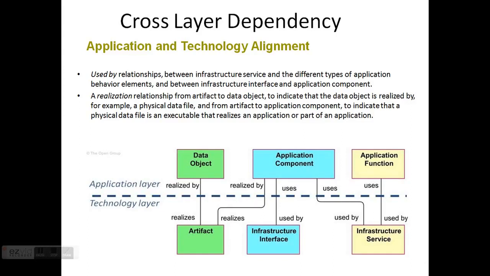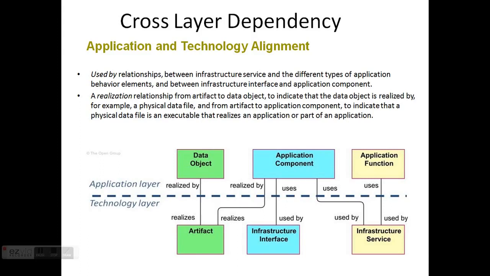And of course, the other type is the realization relationship, from artifact to data object to indicate that the data object is realized by, for example, a physical data file, and from artifact to application component to indicate that the physical data file is an executable that realizes an application or part of an application.